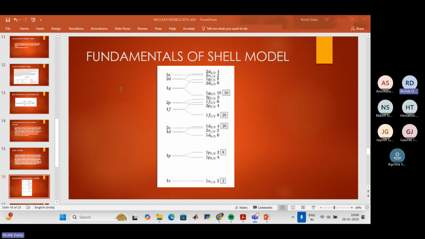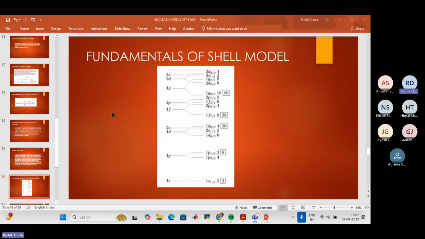This is known as the spin orbit interaction. This part is f(r) into L dot S. It arises due to the spin orbit interaction. We have discussed the spin orbit interaction in atomic physics, and you can take any standard book to get an elementary idea about it.